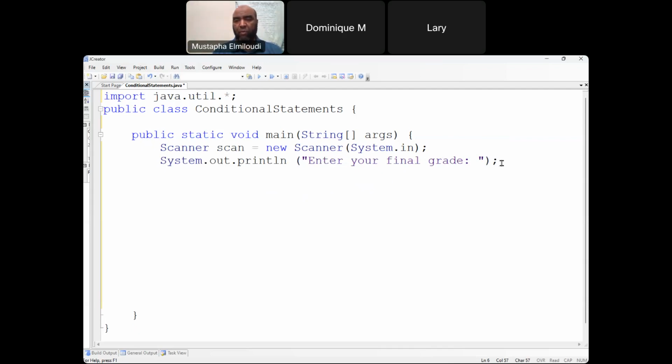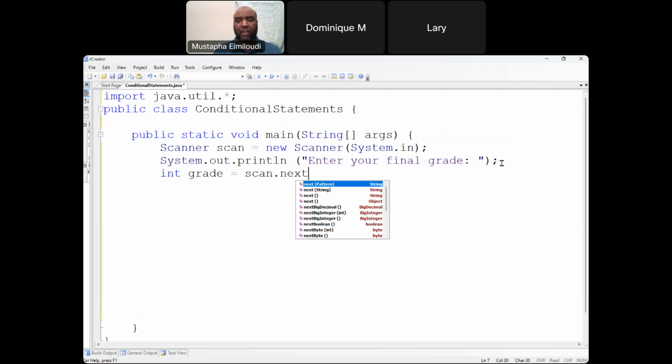The assumption is that the user is rational and is going to enter a number, not something else. So it's going to be grade, okay? And then we're going to put scan.nextInt(). So basically, the program will scan the answer, whatever the user types, and then save it in a variable called grade.